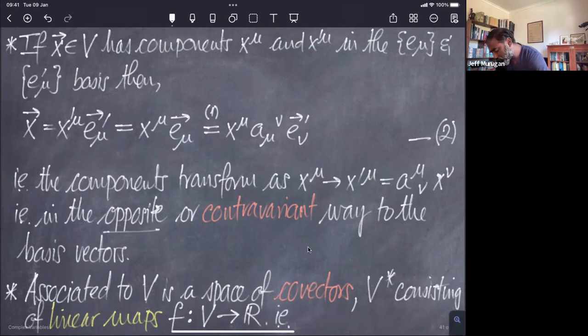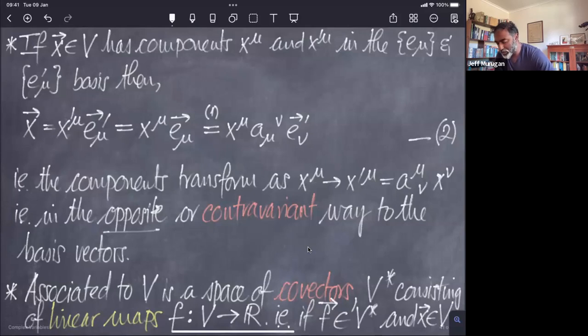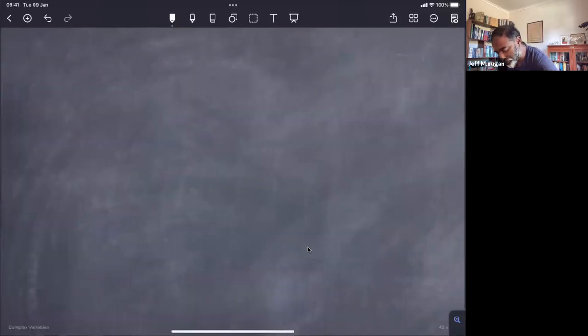if I have some object that lives in the covector space, call it F, so if this lives in V star, and X lives in V, then the following is true.